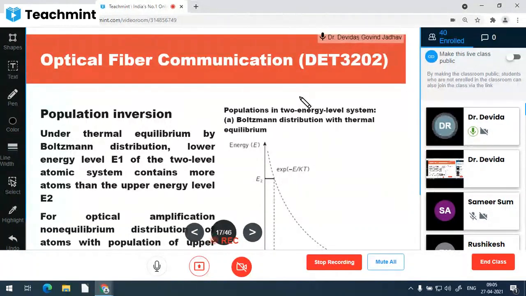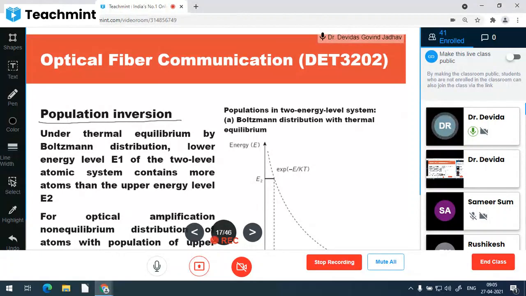Now one very popular process is to be carried out, and that is called population inversion. Population inversion is required for sources to start radiating in large amount, and it is compulsory in the lasing action.